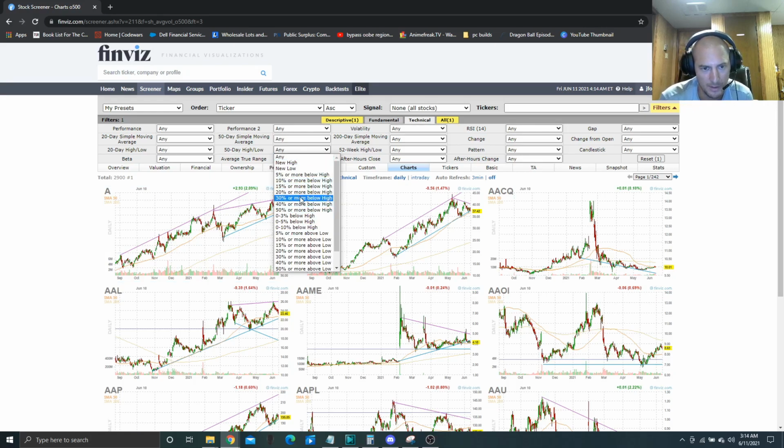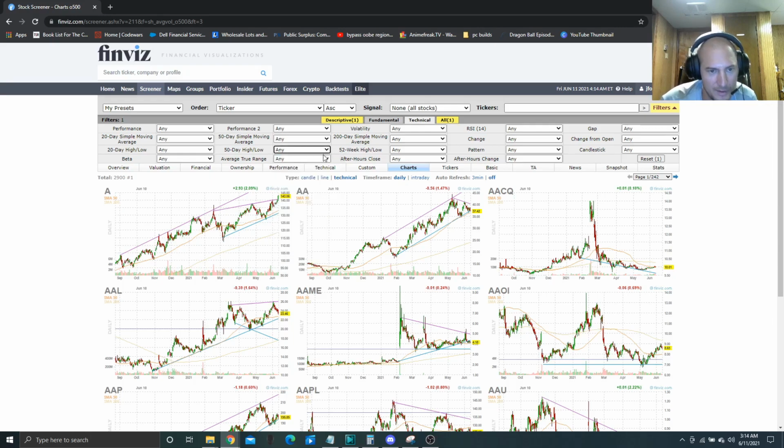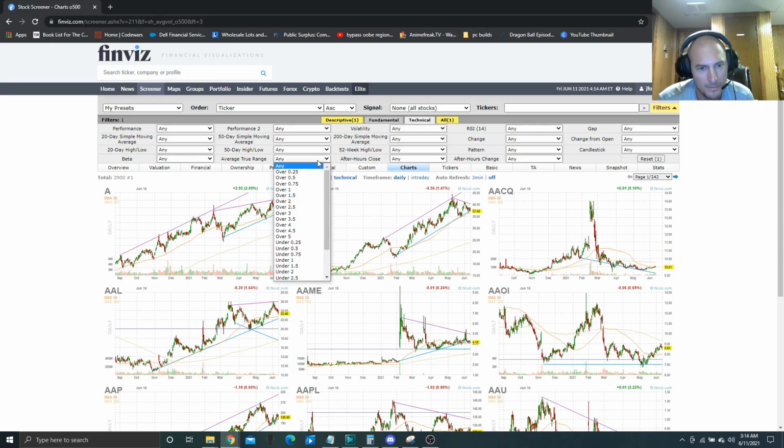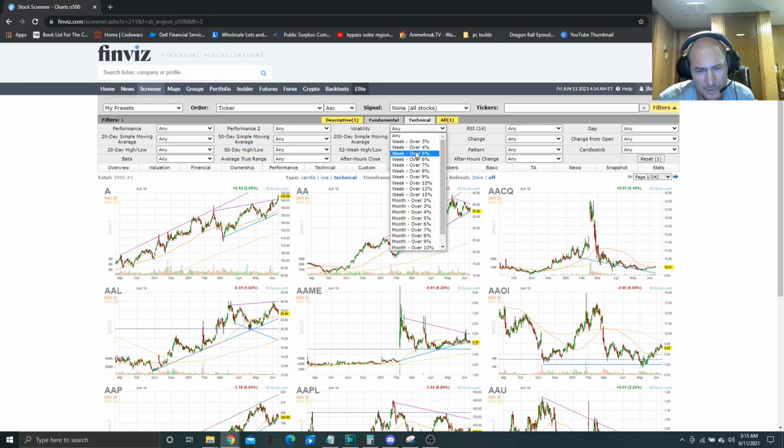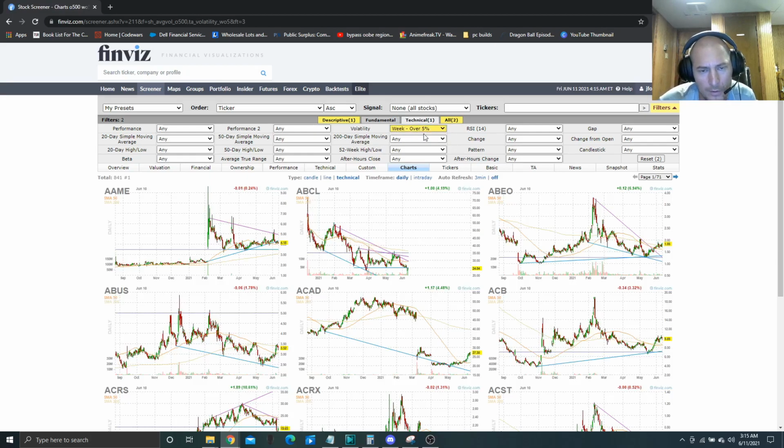I'll use like 20% or more above the high, or 50% or more above the high, just to find things in very extreme conditions. Average true range, I don't mess with this at all. Volatility, I usually use over 5% because I like things that move all the time.